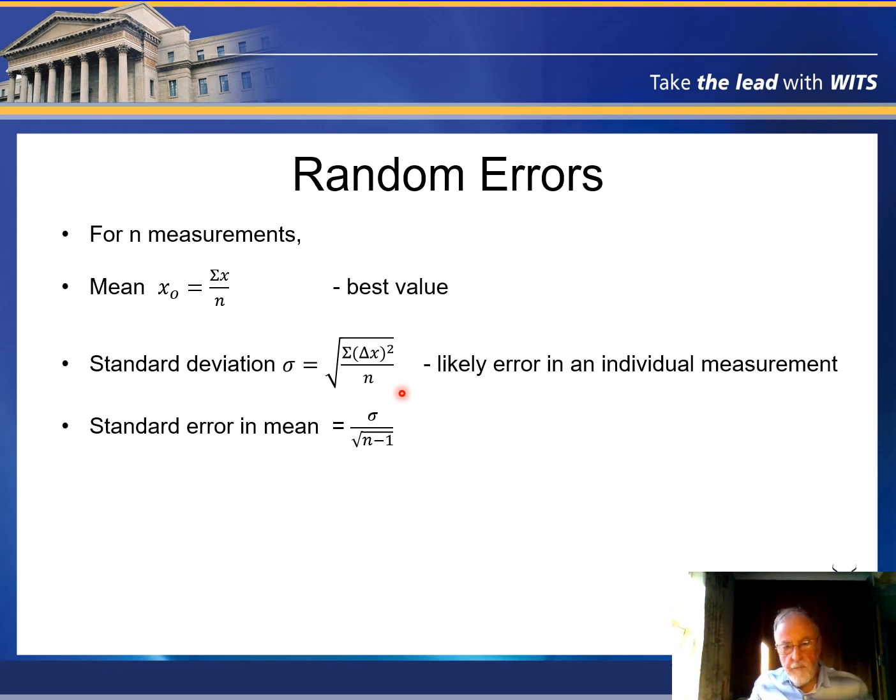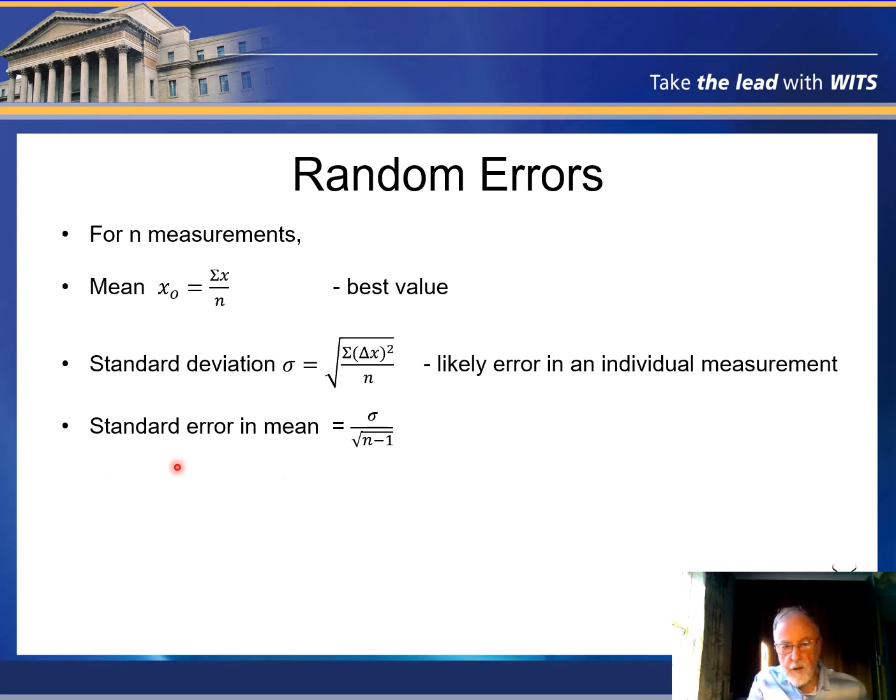And statistically, it's the likely error in an individual measurement. Now, quite often we aren't that concerned with errors in individual measurements, although people who have very few measurements, like the people who work at CERN, people working on the Higgs boson and so on, have to look very carefully at the standard deviation of their measurements to see whether they're good ones or bad ones. But we are much more likely to use the mean, and we want an error for it.